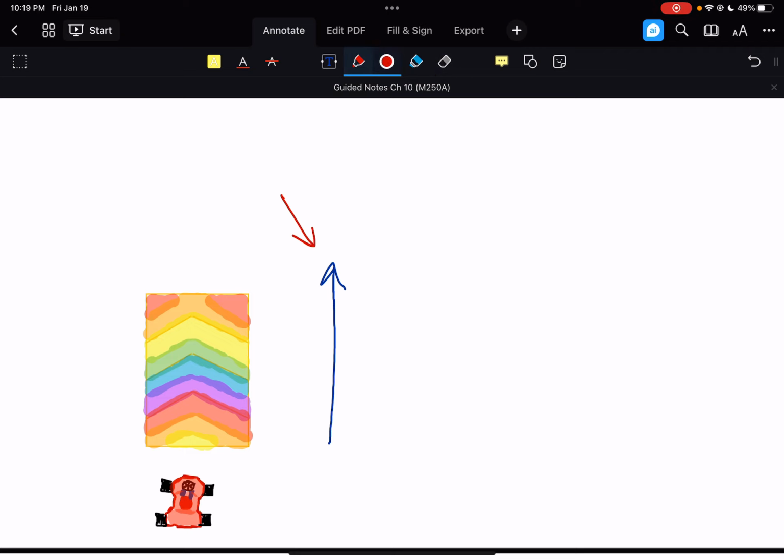Now we have your speed going this way and the speed boost going this way. They are now working against each other. And so the dot product between them is actually going to be negative because now you're working against the speed boost. And the result in the game is that you slow down because the speed boost is trying to push you one way and you're trying to push the other way.